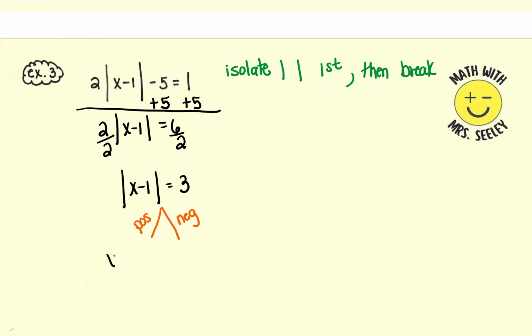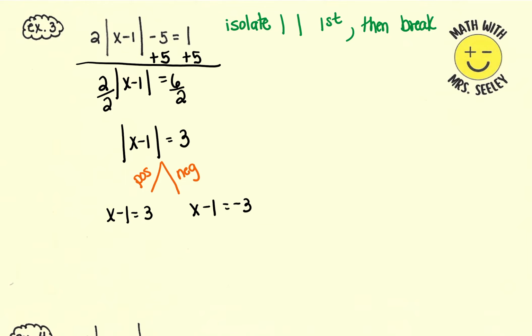So we will say x minus 1 is 3 and x minus 1 is -3. Solve each one, add your 1, so x is 4, add your 1, and x is -2.